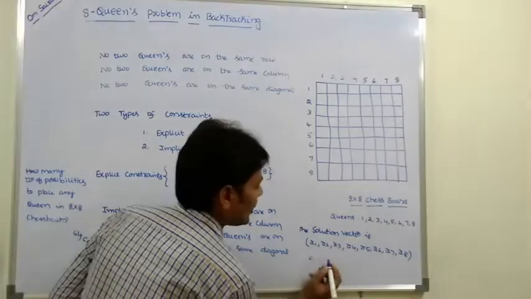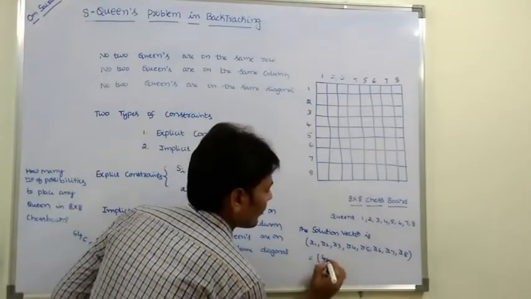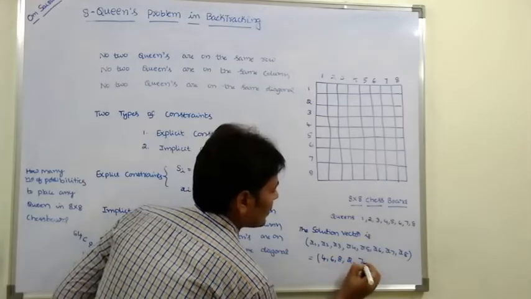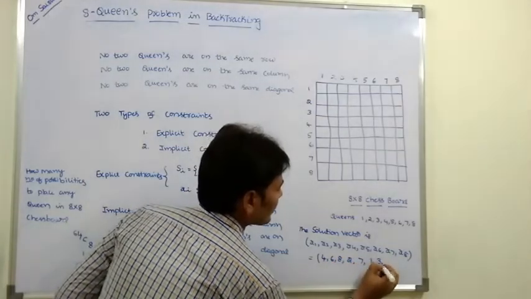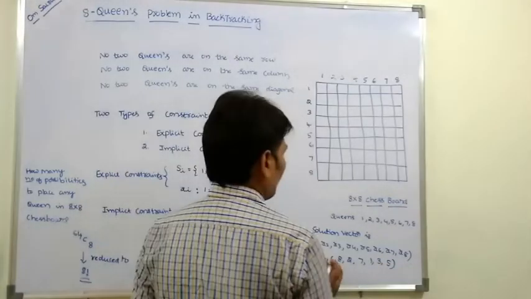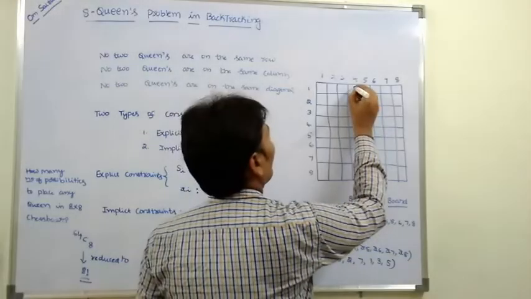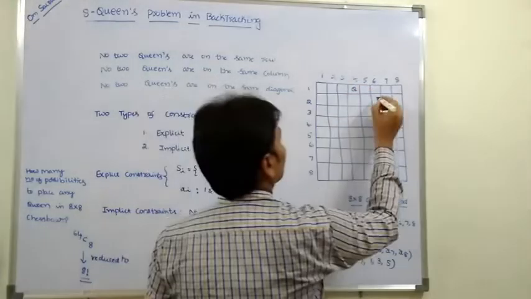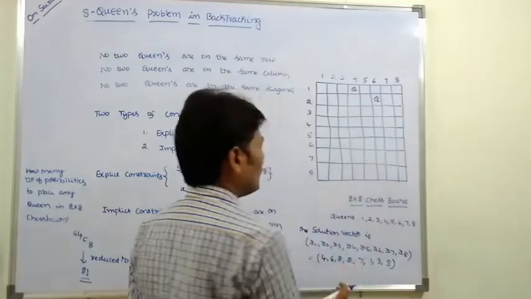Next, one solution is 4, 6, 8, 2, 7, 1, 3, 5. So the first queen can be placed on the 4th column. The second queen on the 6th column.